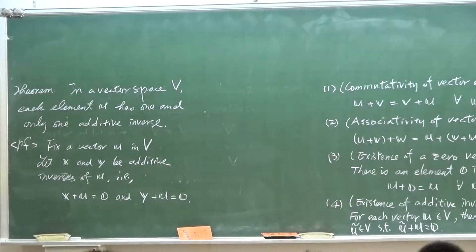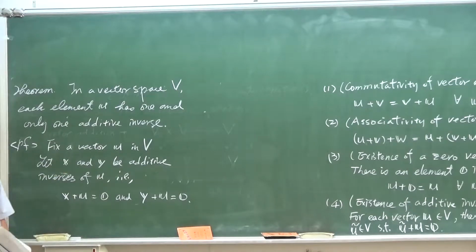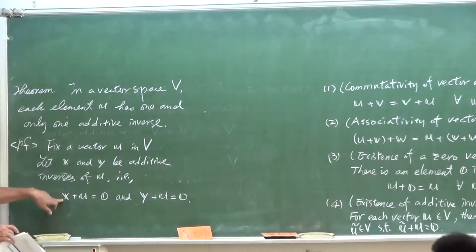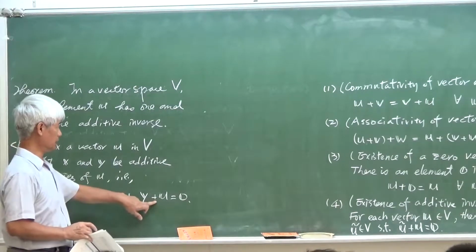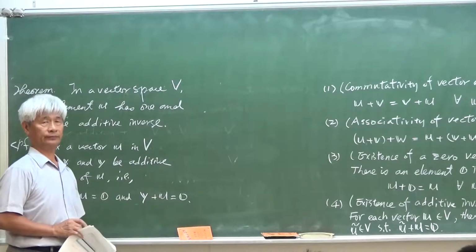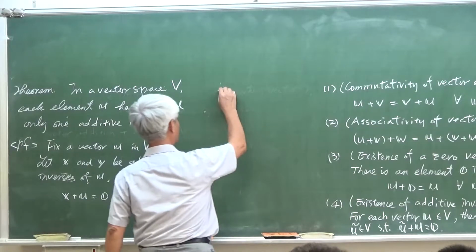So suppose that for a certain vector u, we have two additive inverses, so that x plus u equals the 0 vector and y plus u equals 0. That is the assumption, and we want to prove that x equals y. This is what we want to prove. So we proceed this way.